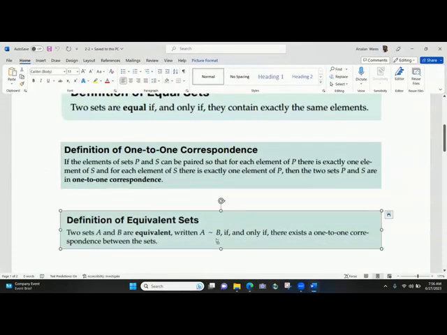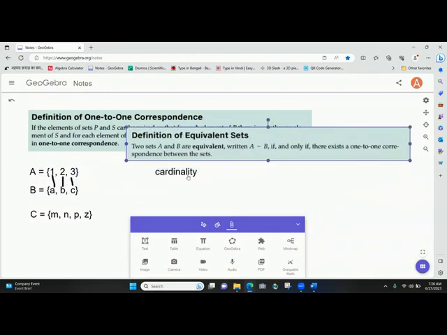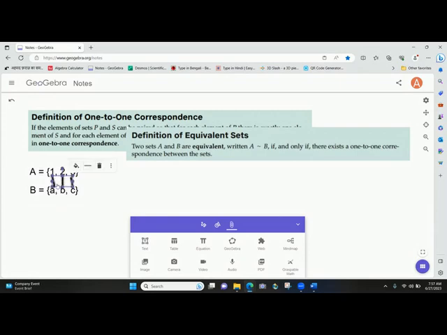When two sets, this will confuse people a little bit, but don't let it confuse you. When two sets have a one-to-one correspondence, we call them equivalent. Okay, so set A and set B are equivalent. And how do we denote it? We denote it as follows.